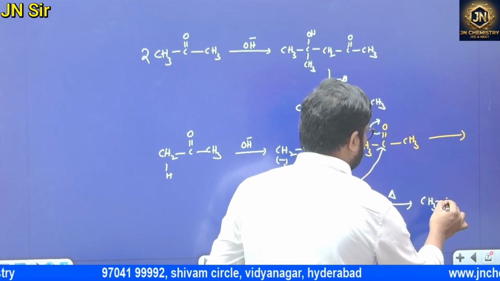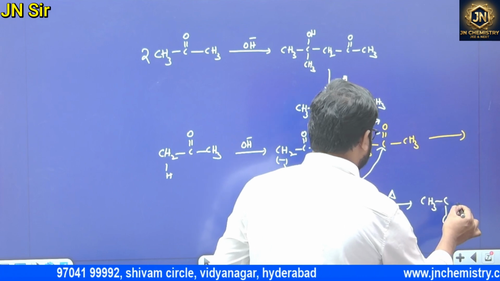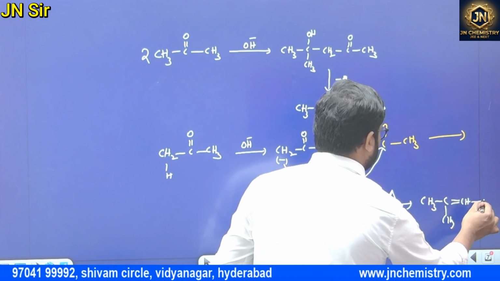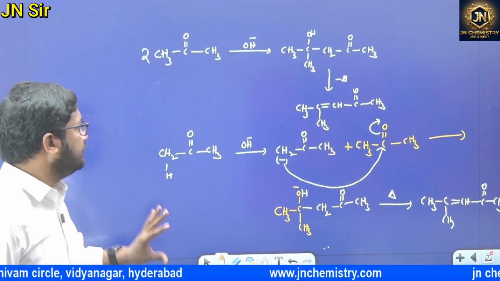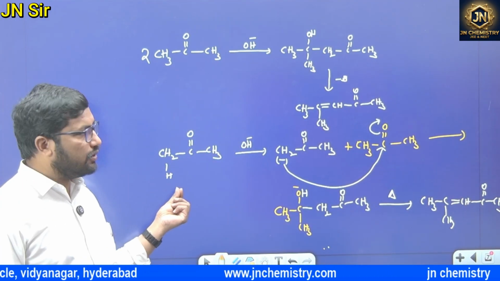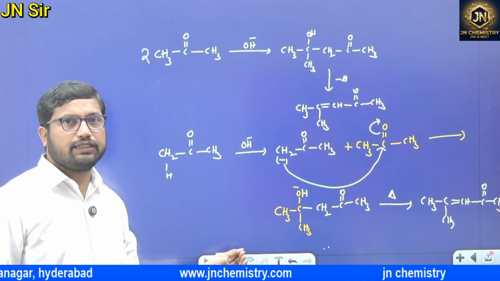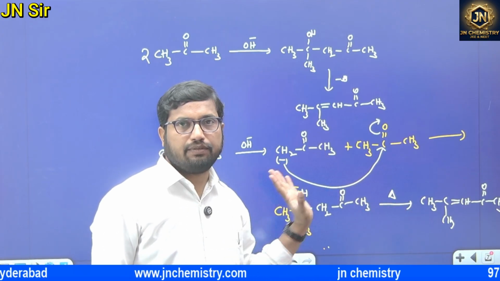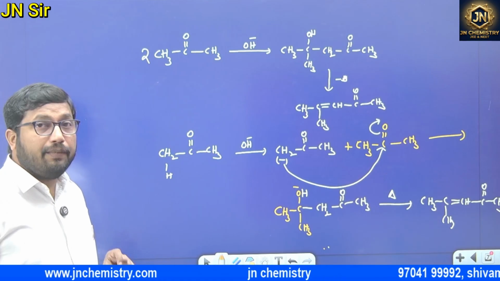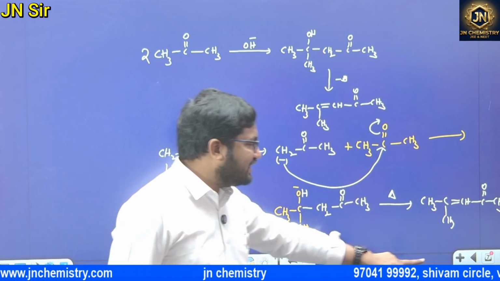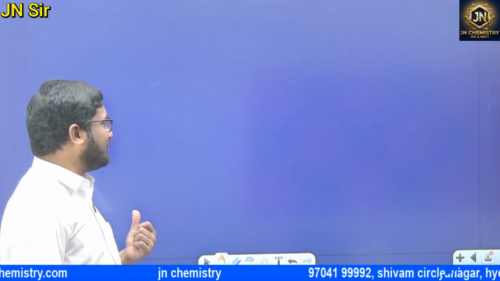CH3, CH3, double bond CH, C double bond O. That's it. Nothing more. First remove the alpha hydrogen, nucleophilic addition, add H plus and remove the water by the E1CB mechanism. Simple. Got it? But 90% of students make a mistake in this question.